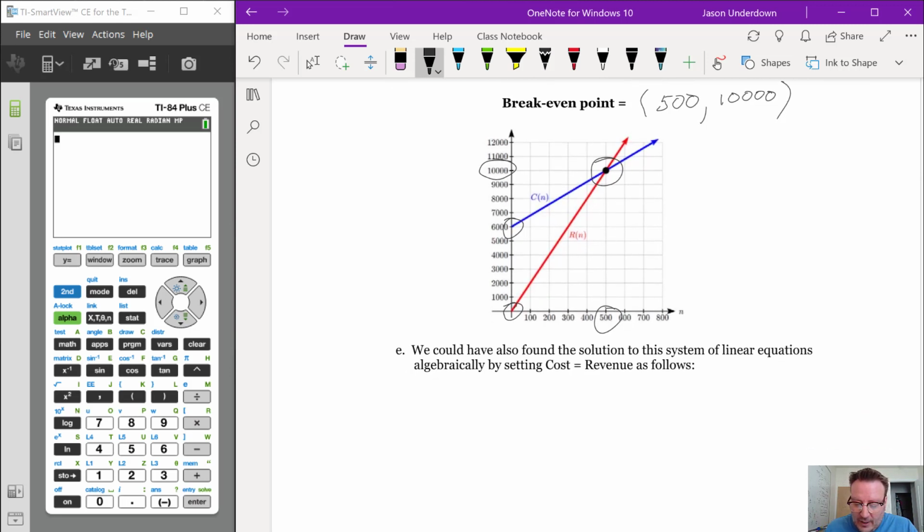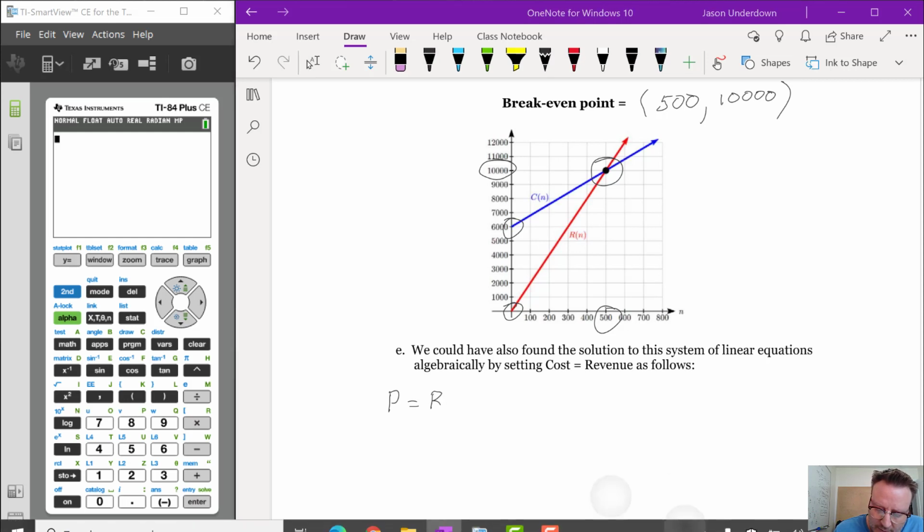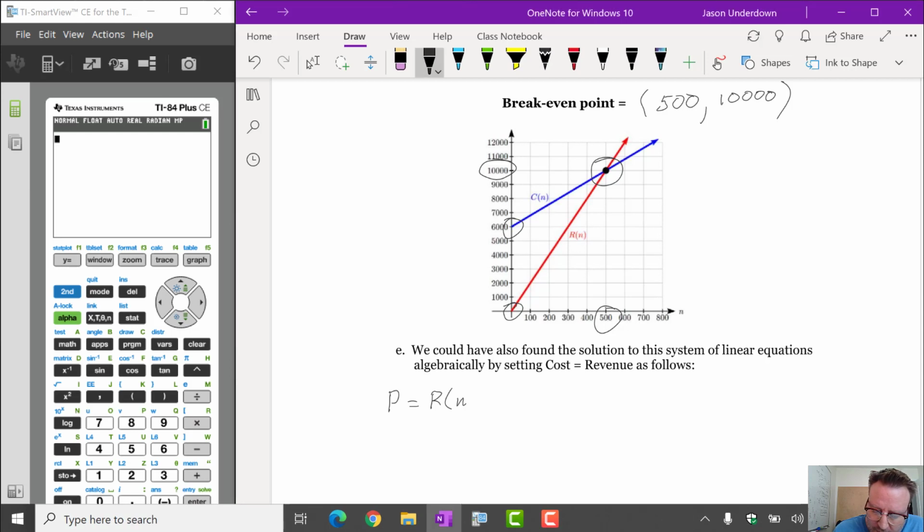Okay, part E, we could have also found the solution to this system of linear equations algebraically by setting the cost equal to the revenue, which is really the same as saying setting your profit equal to 0, because remember, what is profit? Profit is revenue minus cost.